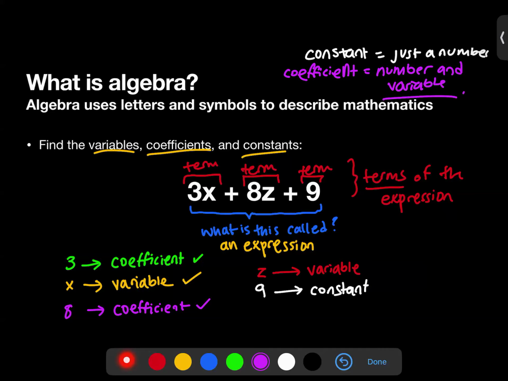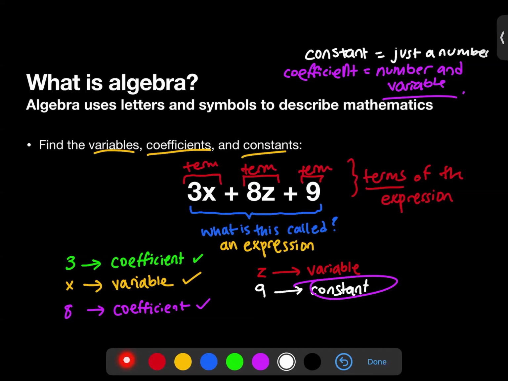This is very important to understand. Constant is just a number. Coefficient is a number that comes before a variable. Here there is no variable, so it is called a constant. So does that make sense to everyone? Does everyone understand this?